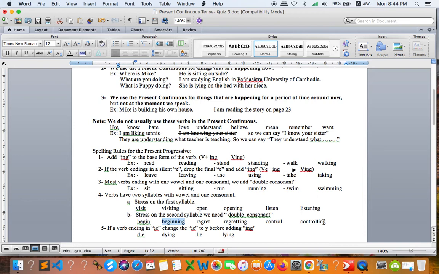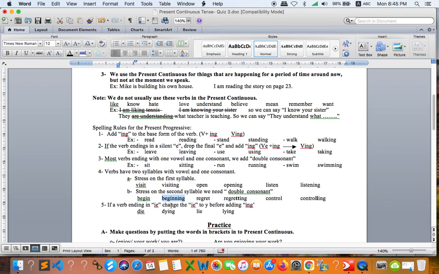Control, just like the second one, then you have to double the final consonant. It is CVC, but sometimes there is an exception, exception one, so you have to remember that. Once again, if the stress is on the first, do not double, but if the stress is on the second, you have to double, with 2-syllable verbs that end in CVC, consonant, vowel, consonant.